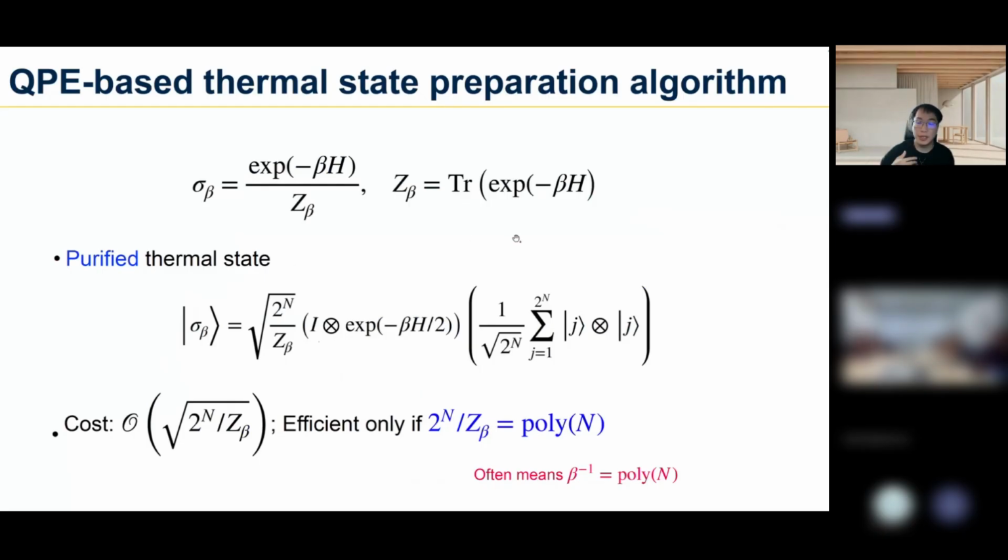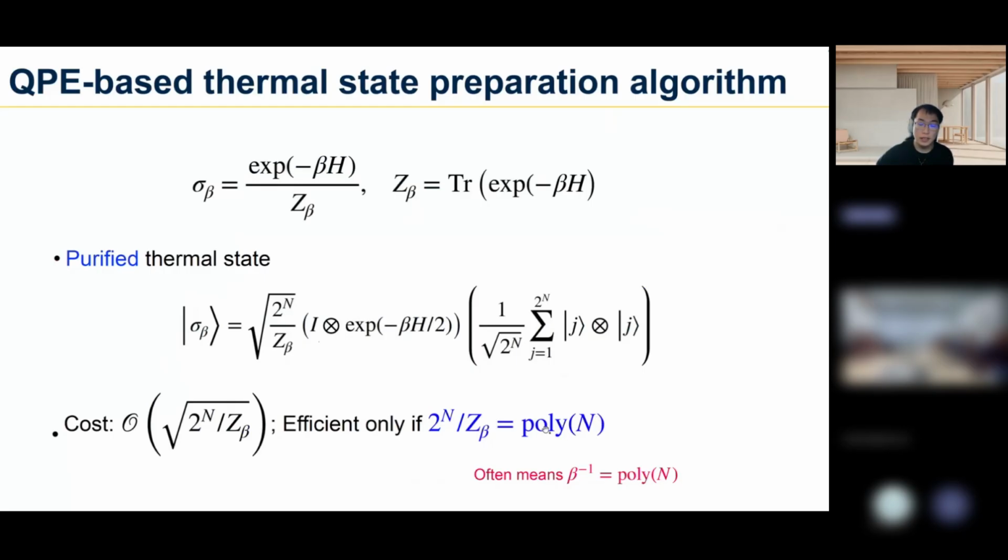Using the QPE algorithm, the computational cost to prepare this purified thermal state scales as the square root of 2 to the power n over the normalization factor c_beta. This essentially means that if we want to guarantee this algorithm is efficient, we require this factor to scale polynomially in the number of qubits.